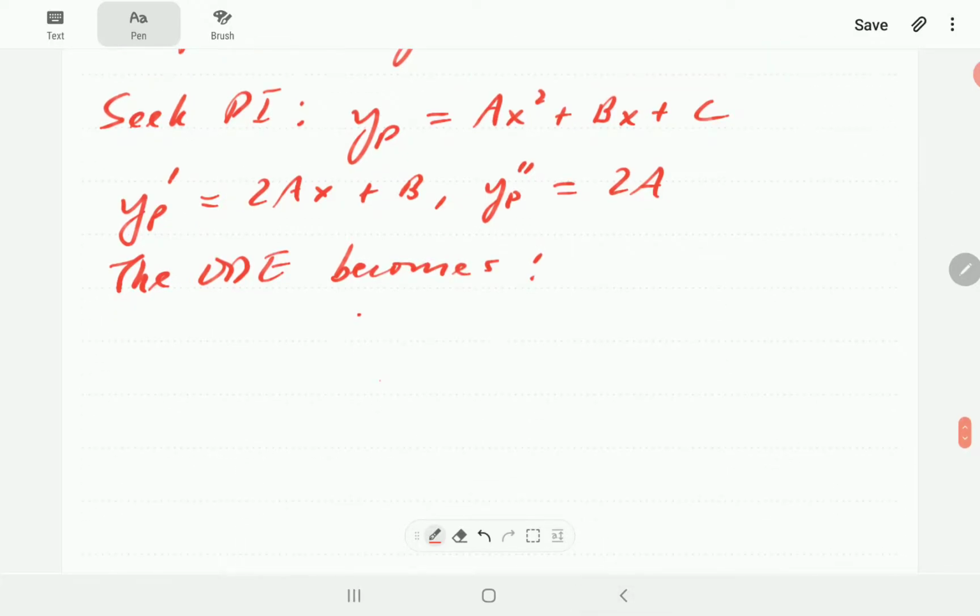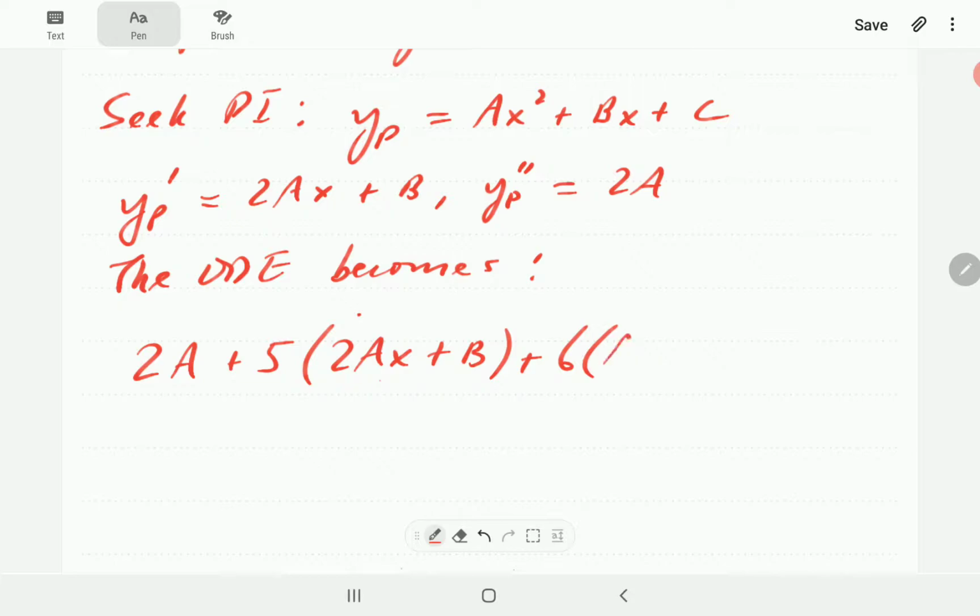So substituting into the ODE, we're going to have the second order derivative, which is 2a, and then plus 5 times the first order derivative, which is 2ax plus b, and then plus 6 times the yp, which is going to be ax squared plus bx plus c.